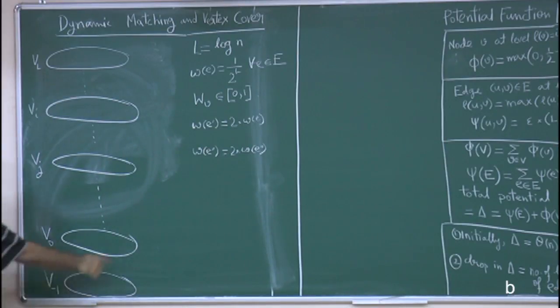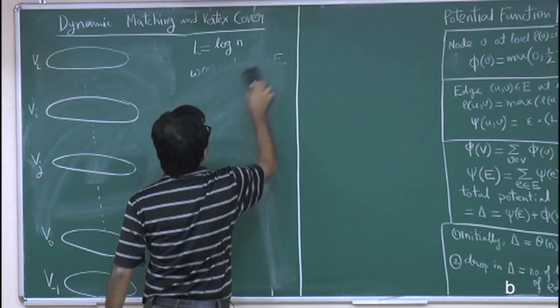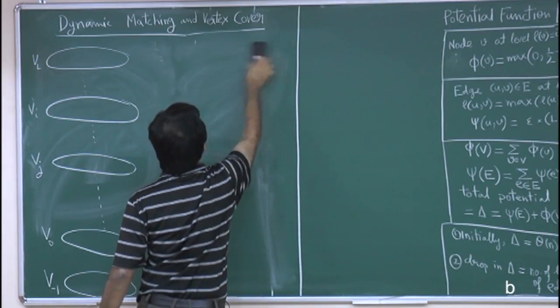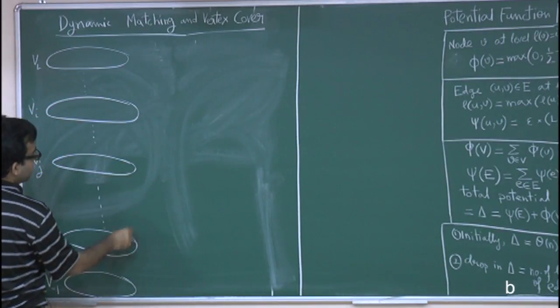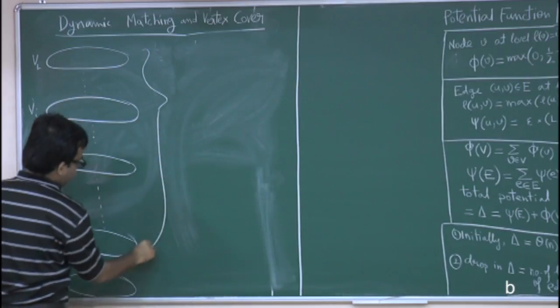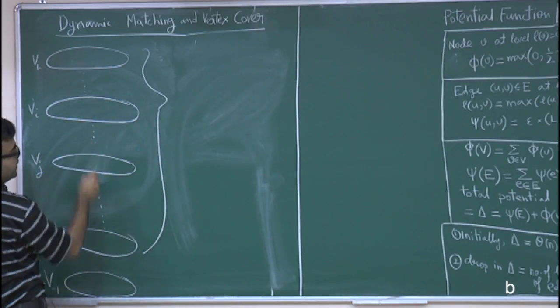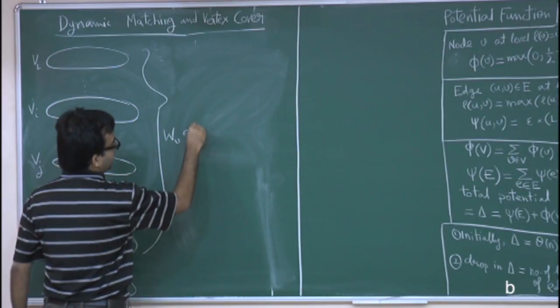So, last class we saw that the partition that we will finally get will have the following property. If you look at any node in levels from V0 to VL, the weight of such a node will be between half and 1.